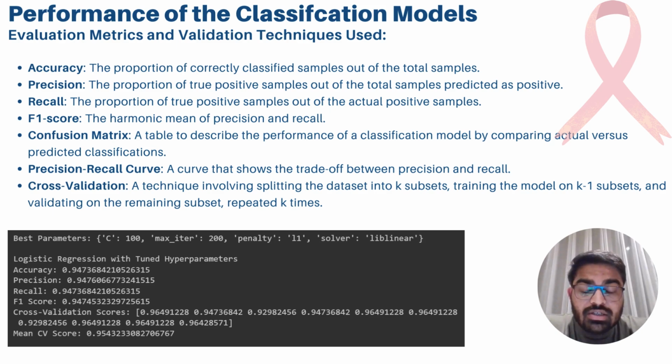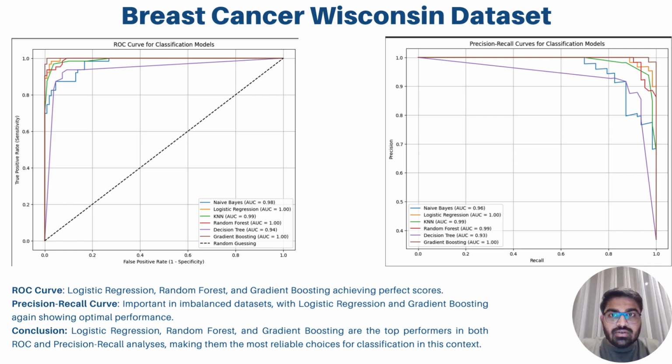For cross validation, our k was 10, so we had 10 folds across which the data was validated, and the mean cross validation score came out to be 95.4%, which is very high. So clearly logistic regression, after we tuned it with hyperparameters, which you'll see in our paper, has performed pretty well. Thank you.